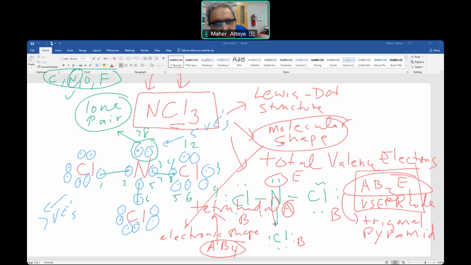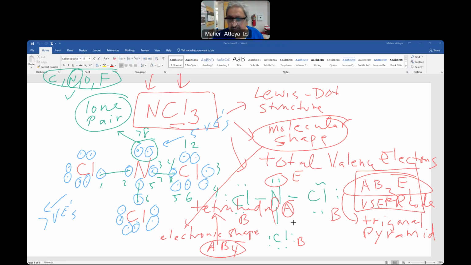Now they are not identical because you have one set of lone pair on nitrogen, the central atom. Therefore, the molecular is trigonal pyramid and the electronic is tetrahedral. As I said, this topic of electronic versus molecular will not come in the final, but just as a reminder, and we have covered it. Correct?